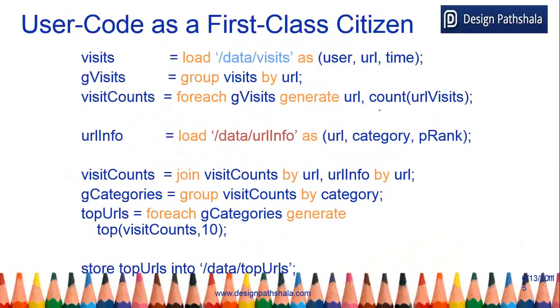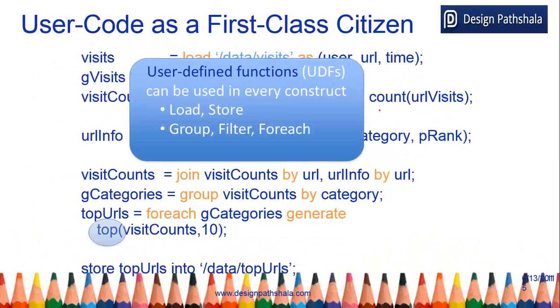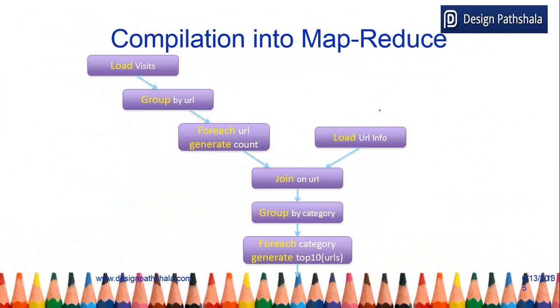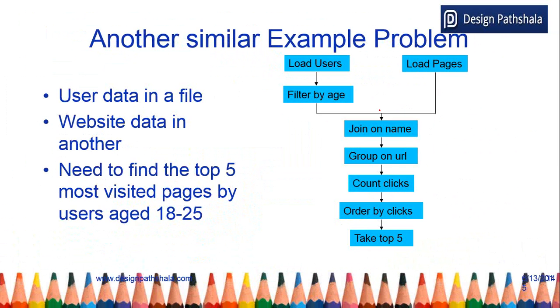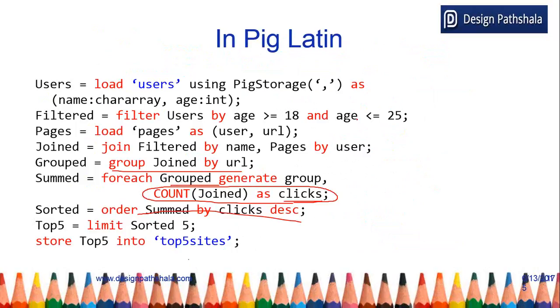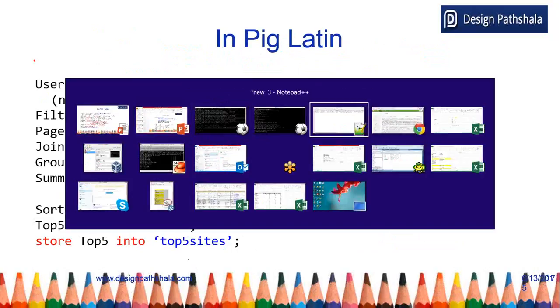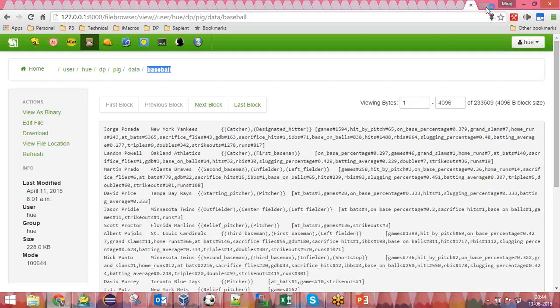Where's that count gone? There was count also somewhere we have used. Count, this is a function in UDF only. I've used it directly without loading the jar because that is already there. If you look at the functions in piggybank.jar, there is an extensive list of functions.